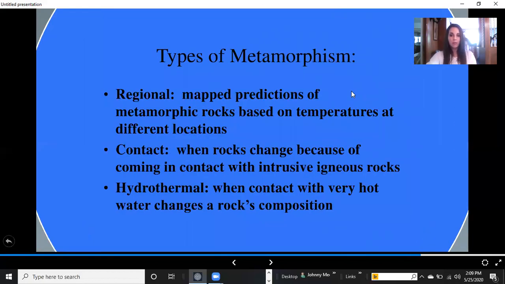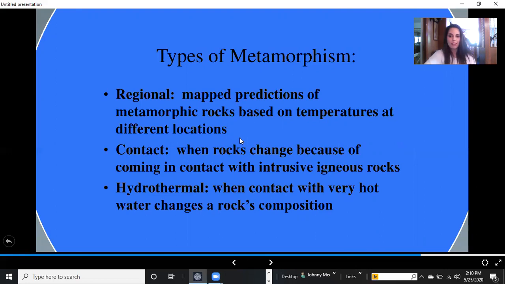So, types of metamorphism. Regional: mapped predictions of metamorphic rocks based on temperatures at different locations. So we can kind of know what type of metamorphic rocks we can find in certain locations. Contact: when rocks change because of coming in contact with intrusive igneous rocks. Intrusive igneous rock is going to be pretty hot, and it's there underneath the Earth's surface, so when they come in contact, some of those elements come together.